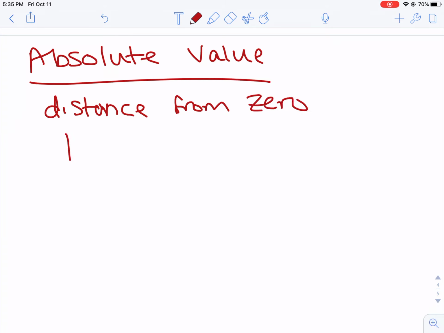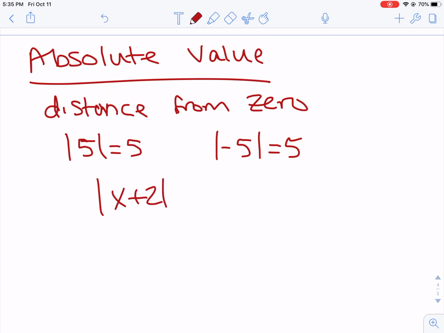So like the absolute value of 5 is 5, and the absolute value of negative 5 is 5, because they're both five spaces away from 0.